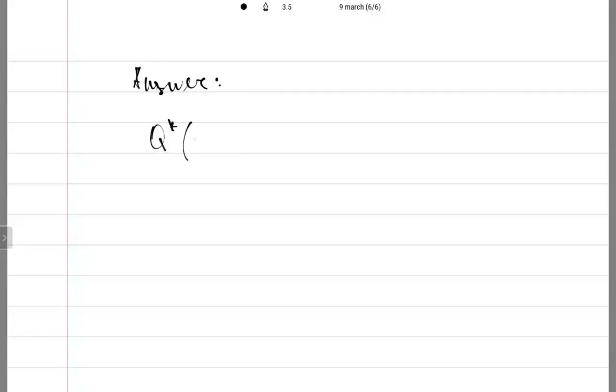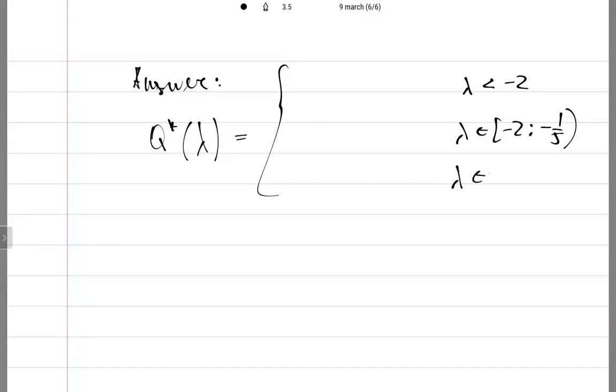The optimal value that depends on lambda has basically 3 cases. I can attach special points to any case because of continuity. So it doesn't matter where you attach these points where we have a switch from one case to other case. Basically, we need to have lambdas that is below -2, lambda from -2 up to -1/5, and lambda from -1/5 up to plus infinity.